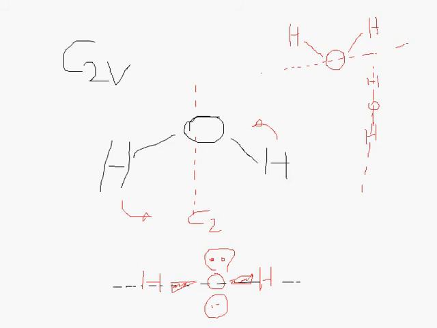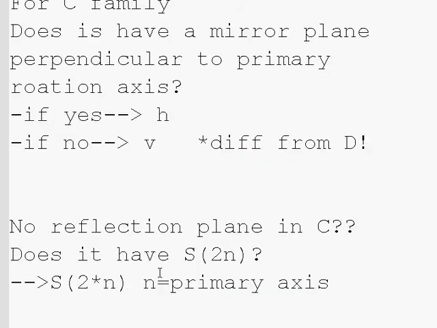So what if it had no reflection planes at all? Now, there's two possibilities. If it doesn't have a reflection plane in line with the primary rotation axis, it's going to be an S2n group. Now if it doesn't even have an S operation, then it's just going to be Cn.